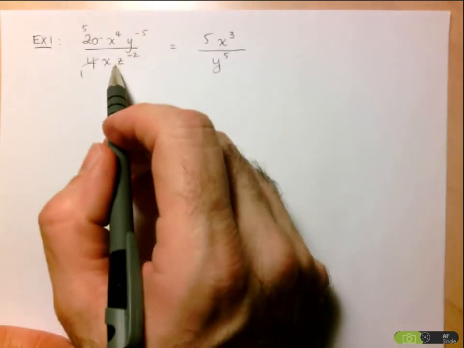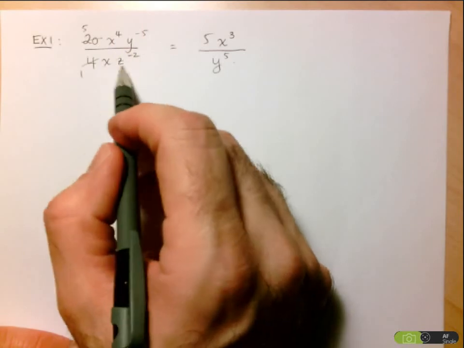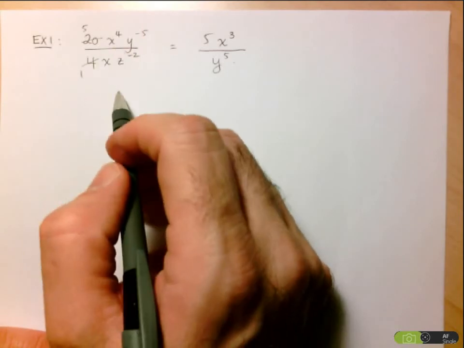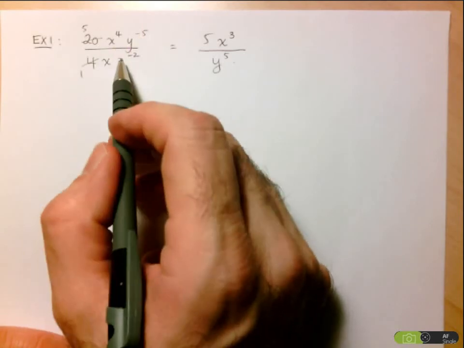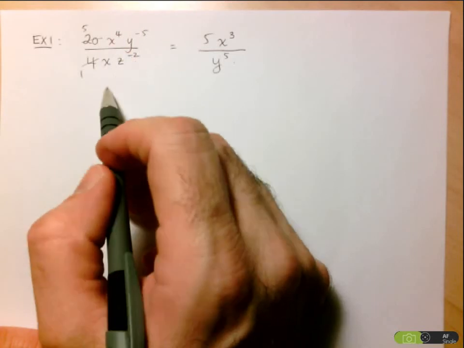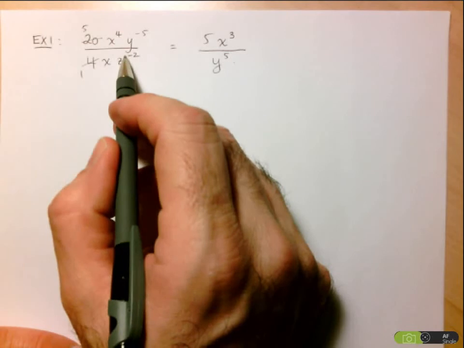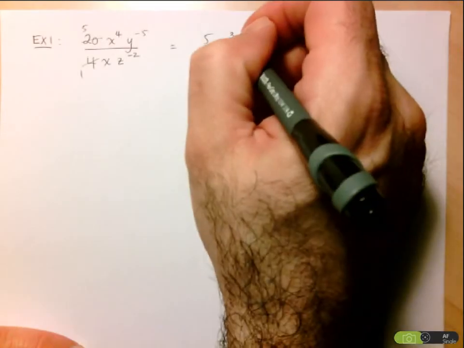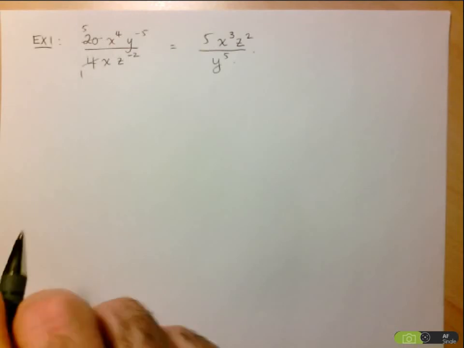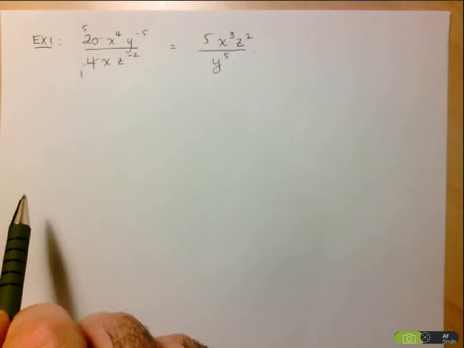Similarly, I've got z to the negative 2 in the denominator, with no other z's to simplify with, but I don't want to leave this negative exponent. When the negative exponent is in the denominator, I can deal with that by bringing it into the numerator as z squared. And this would be the simplest form for this expression.